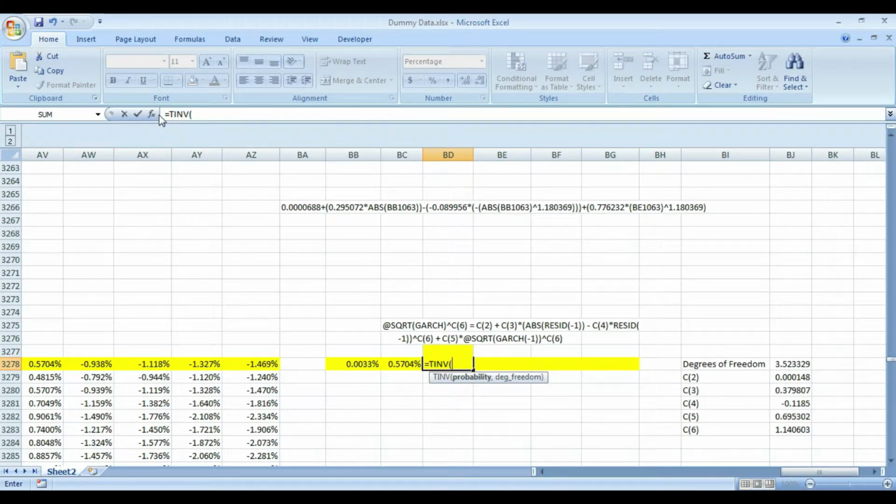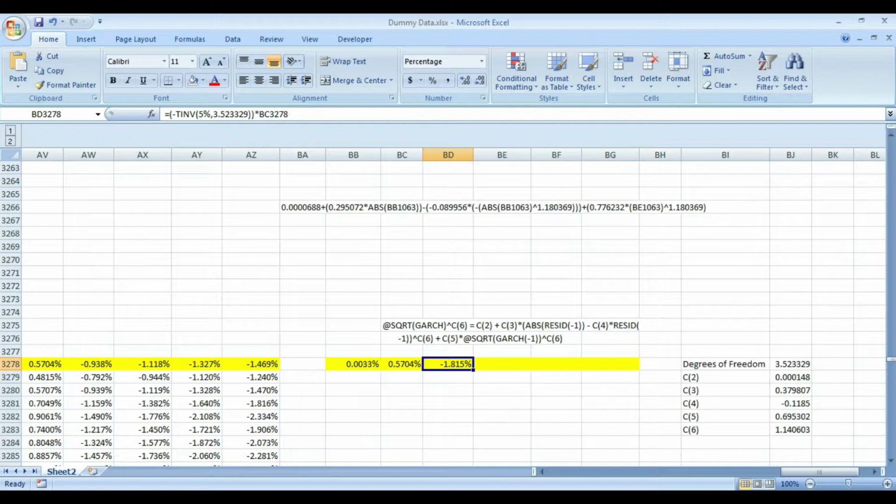So T inverse is applied. Now it is asking for probability, and this column is for a 95% confidence interval. So we'll apply 5% significance and degrees of freedom, which we have already copied. We'll close brackets, apply minus sign over here, we'll again close brackets and multiply this by standard deviation.